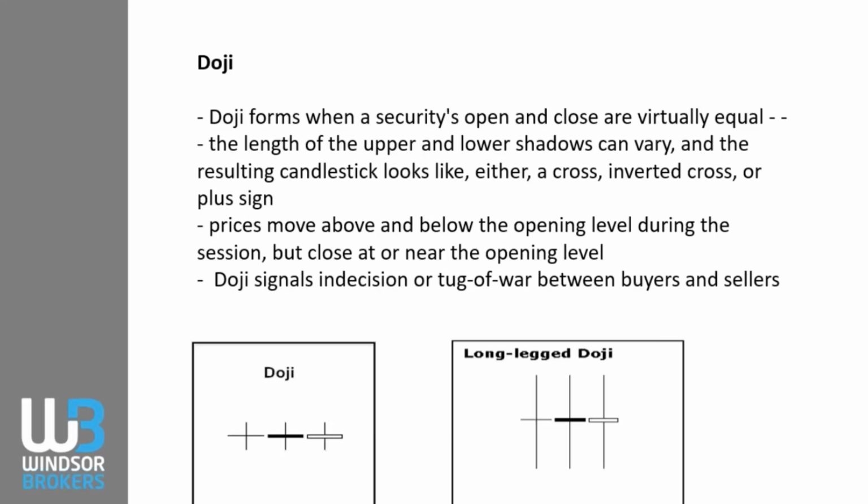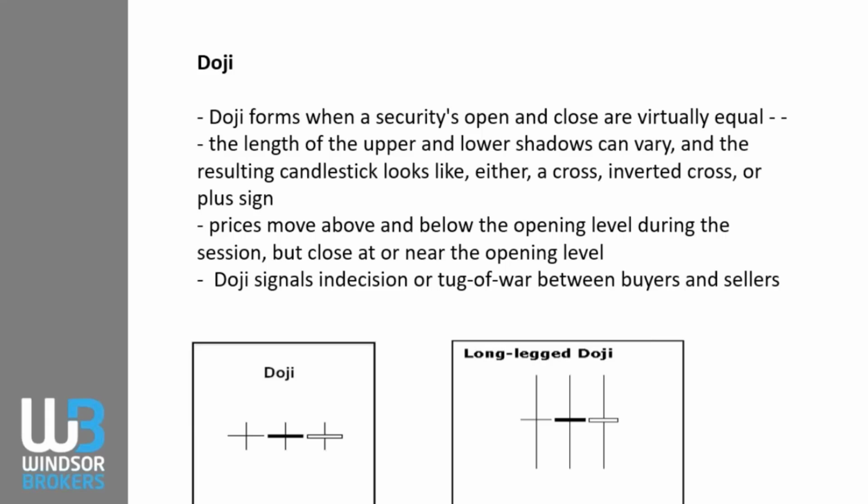Indecision is one of the important events that happen in the market, and it's signaled by the doji candle. A doji candle is one that has a very narrow body, and the upper and lower shadows vary.